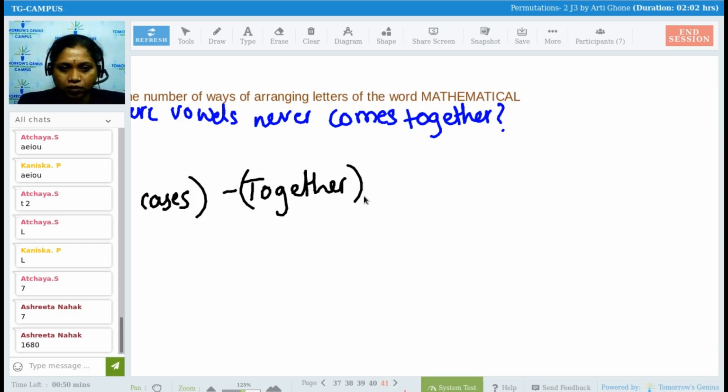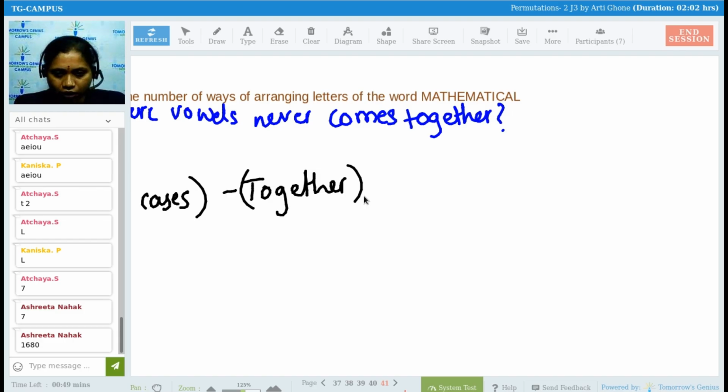And hence perform the permutations of remaining objects added with the one unit.